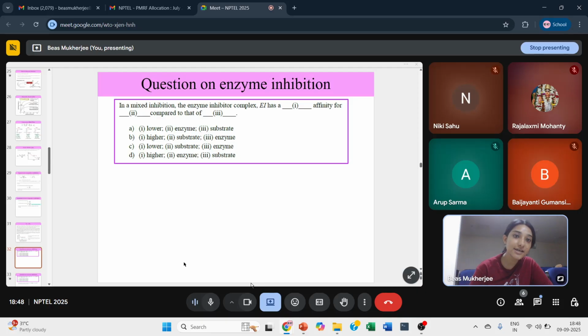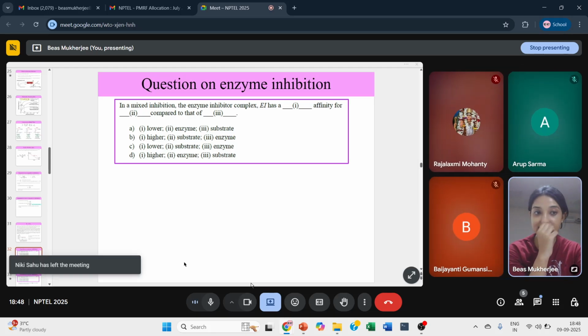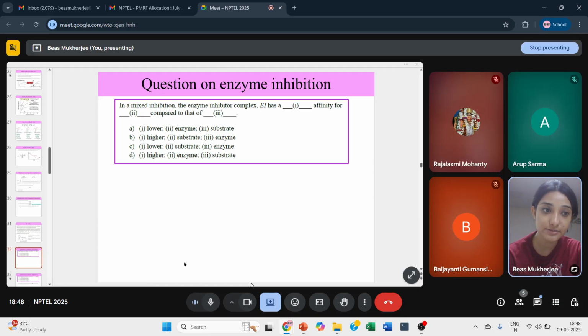So in EI, dash has dash affinity for dash. Fill in the dashes. Enzyme inhibitor complex has what affinity for what? So enzyme inhibitor substrate complex, that is supposed to be formed, right, in mixed inhibition. So that means we already know one of the dashes. What about the other dashes?